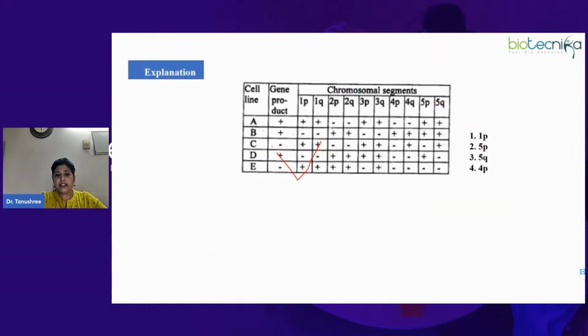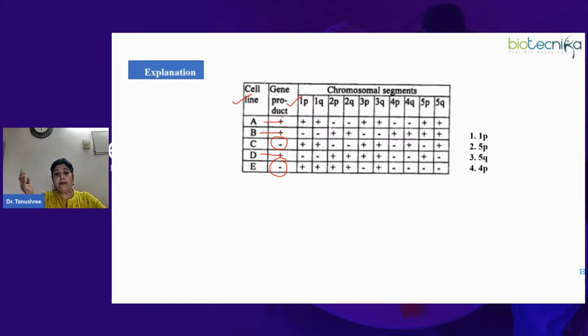So in this question, all you need to do is see that the gene product is mentioned and the cell lines are mentioned. The gene product is present in A cell line, B cell line, and D cell line, but absent in C and E. So whichever chromosome carries the gene will also show the product only, right?